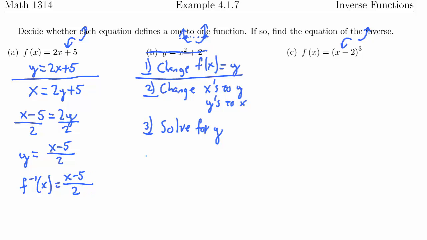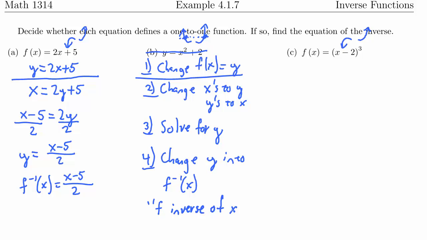I kind of skipped over the fourth step here. The fourth step is to change y into f inverse of x. Now this is pronounced f inverse of x.